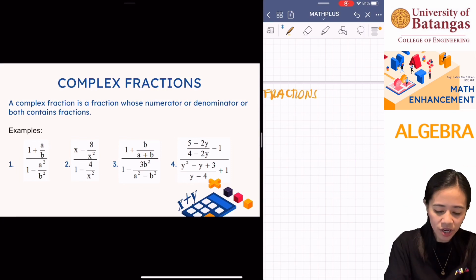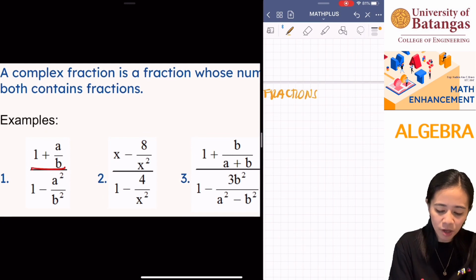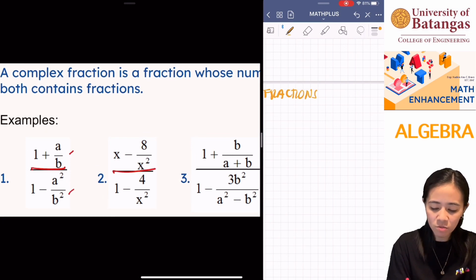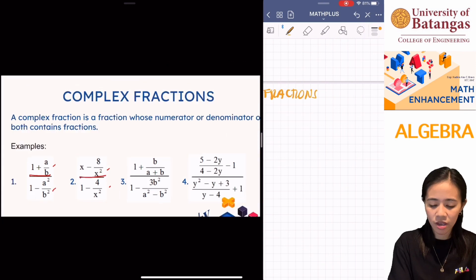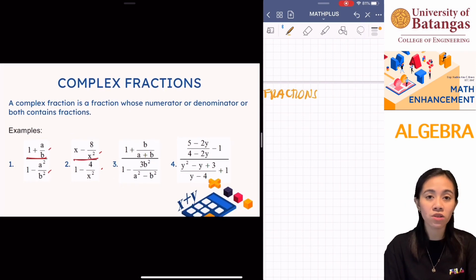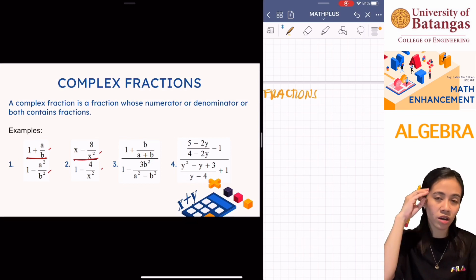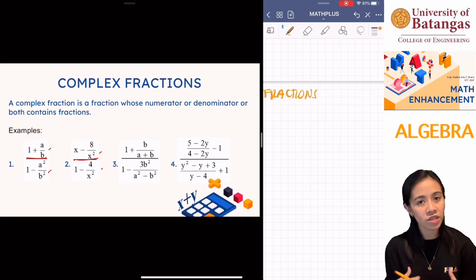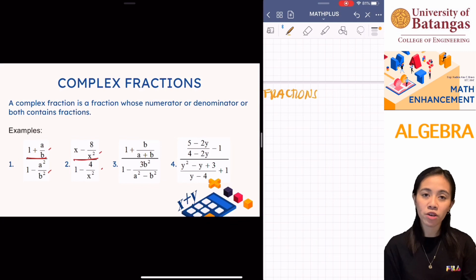So, as you can see here, you have a main fraction bar here, pero may fractions ka dito. Main fraction bar, fractions dito. Okay? So, the best way to simplify such complex fractions is, first, to simplify the numerator, and then simplify the denominator, and then saka mo i-simplify yung buong fraction.